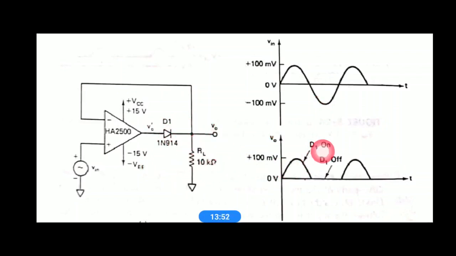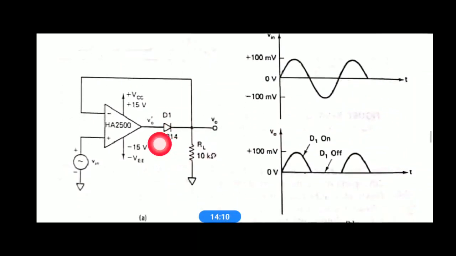Hence for the input signal of approximately minus 1 millivolt, from minus 0.07 millivolt to minus 100 millivolt, the diode is reverse bias only, right.